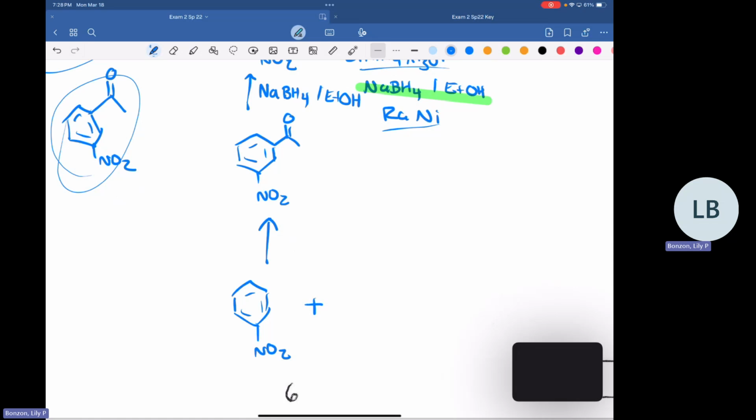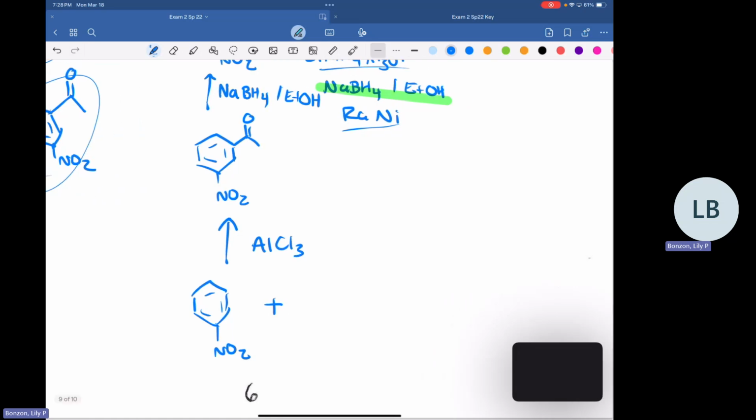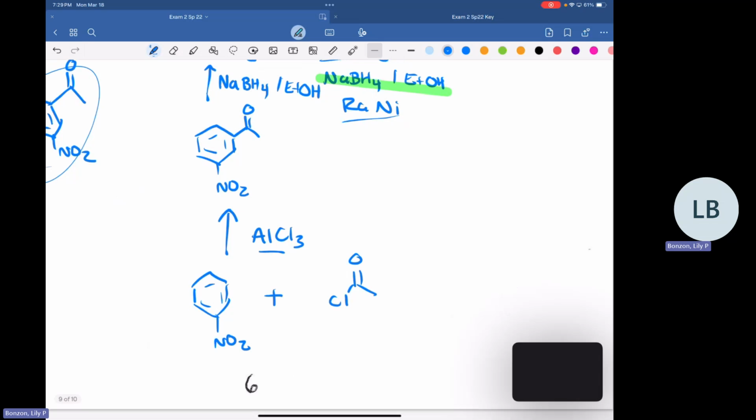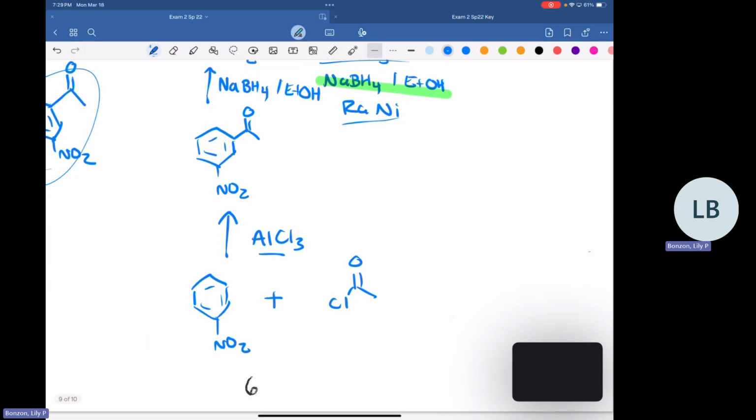And then we'd have our Friedel-Crafts acylation. So AlCl3 is going to be our catalyst. And then we need our acyl chloride. So we're just going to replace the side that's attached to the benzene ring with that chloride. And so now we have our two reagents.